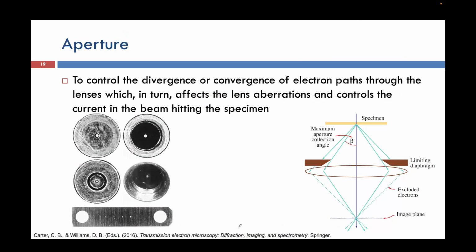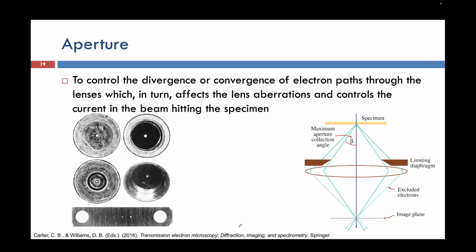So far, for any electron optical system, we have said there is a terminology called aperture. That aperture is associated with all the lens systems, whether a condenser lens or an objective lens. What is the role of that aperture? It is to control the divergence or convergence of the electron path. Why do we need to control it?